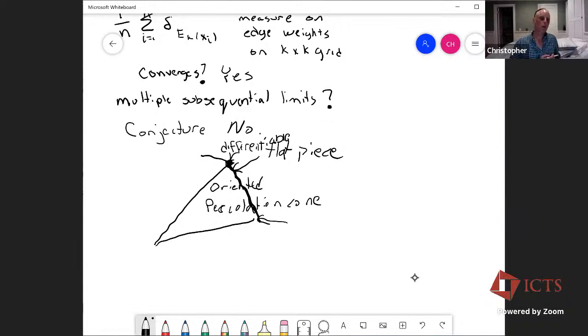And those should both correspond to the one geodesic which goes in the direction of the flat piece. So then I would like to use this to say, if there are no multiple geodesics, then we don't have anything like this. And in fact, the limit shape B is strictly convex.